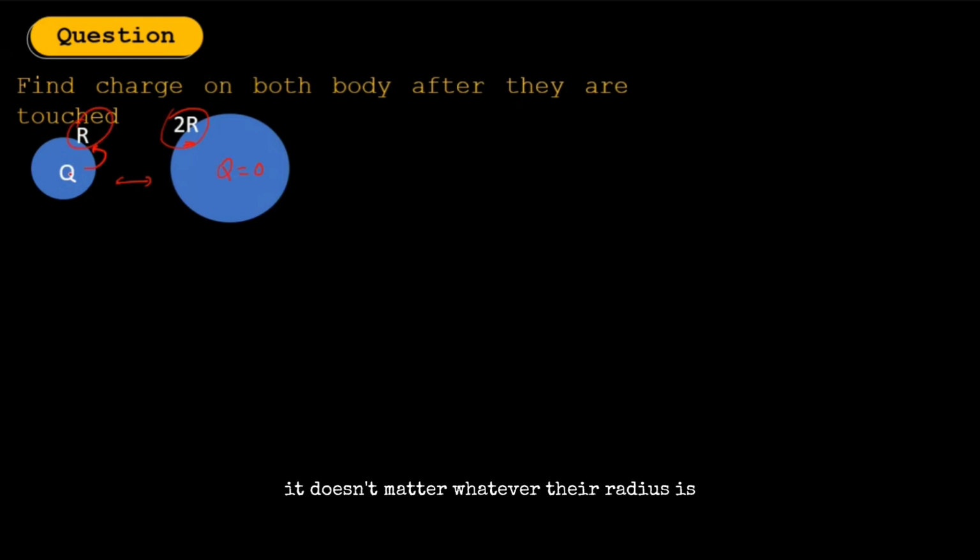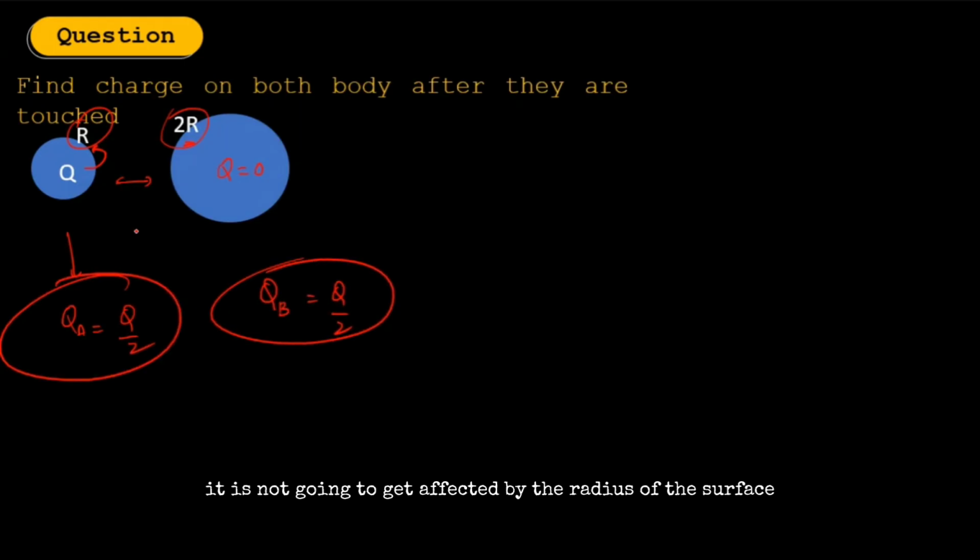It doesn't matter what their radius is, it is going to distribute equally. So here again I can say the charge on the first body is going to be Q by 2. Similarly, the charge on the second body is again going to be Q by 2. It is not going to get affected by the radius of the surface or radius of the body, because this is the property.